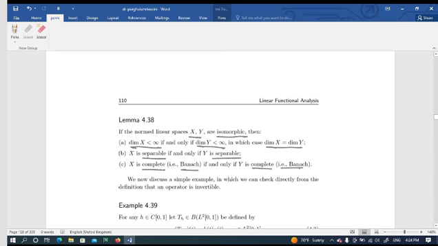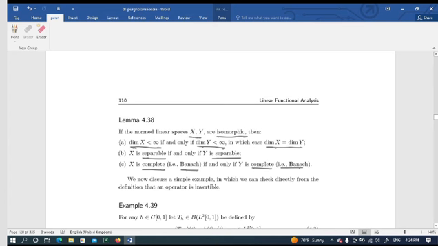So if one of these vector spaces has finite dimension, the other must have finite dimension, and then they have the same dimension.